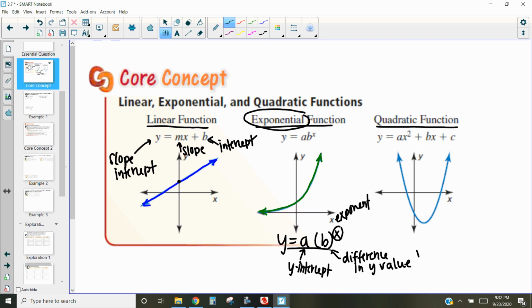Lastly, we have a quadratic function, and we talked about these quadratic functions. This is this whole chapter. Quadratic functions have a degree of 2, and they make this parabolic or this U shape here. And when we talk about graphing quadratic functions, they have a couple of unique characteristics. Remember that this plus c here is our y-intercept.